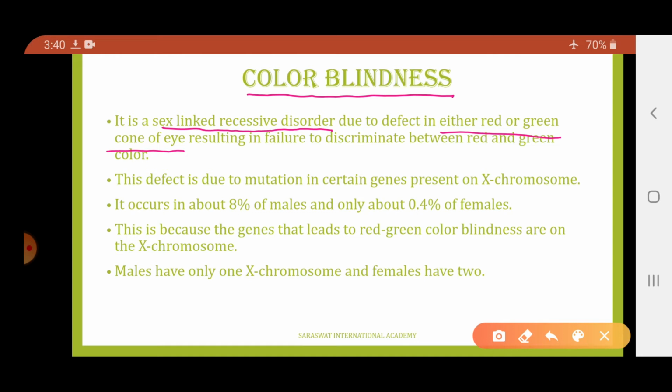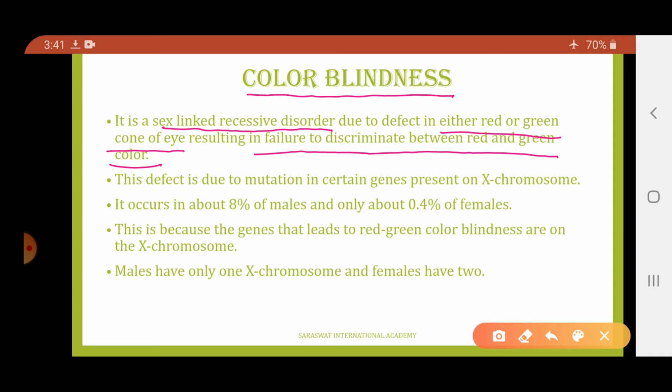Suppose the red color is affected, the person is unable to see the red color, right? Basically unable to discriminate between the red and green color. If green is affected, then too the person is unable to differentiate between red and green, resulting in the failure to discriminate between the red and green color.